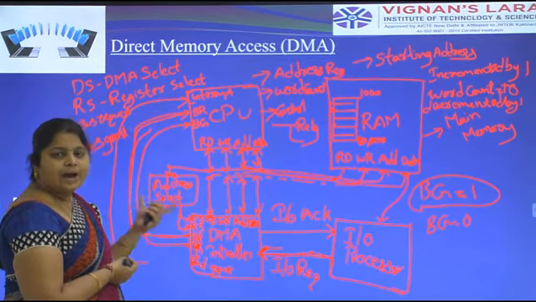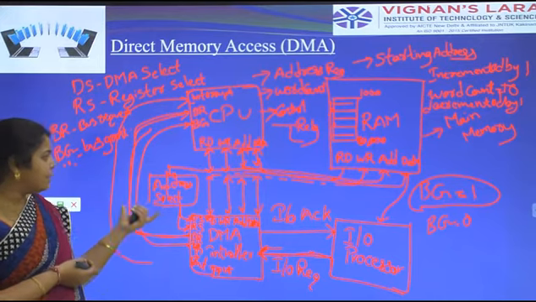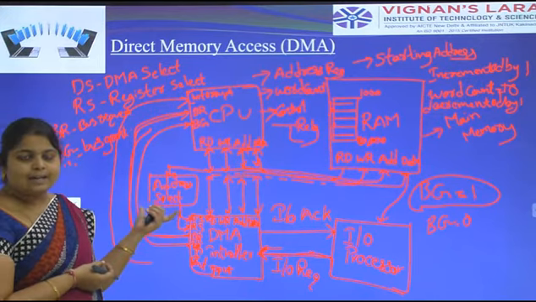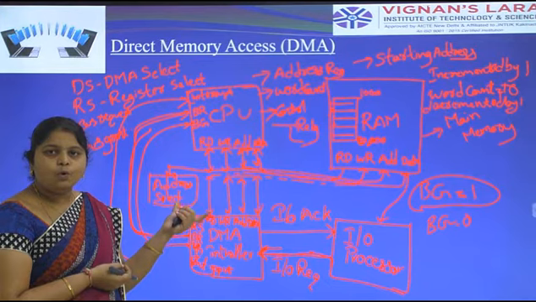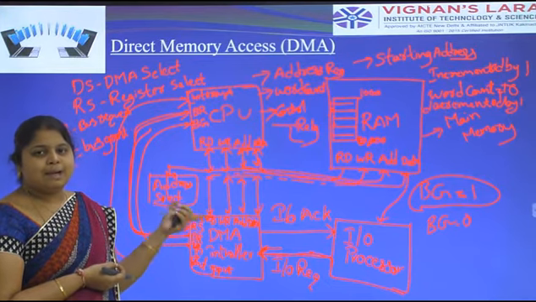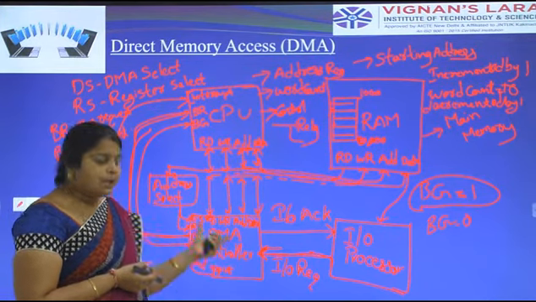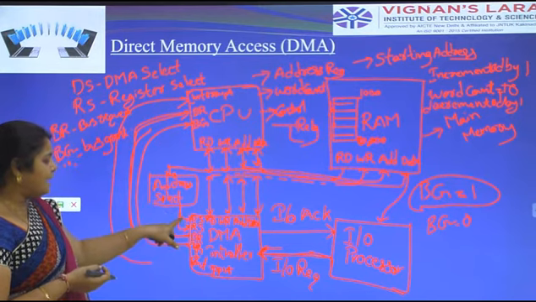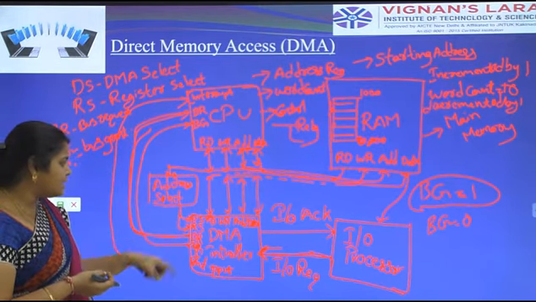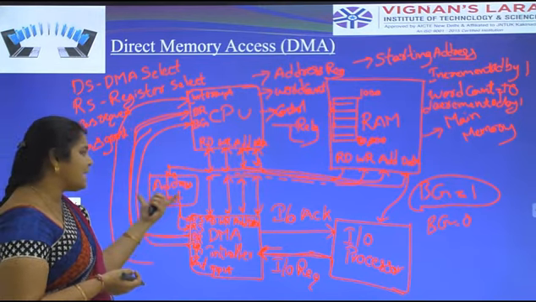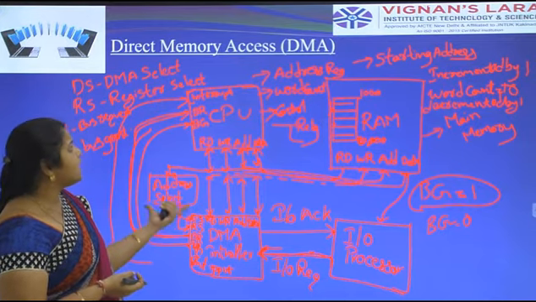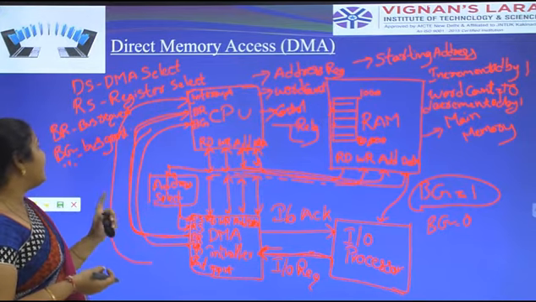Here read, write, address register, address operations and data are connected to these three devices: CPU, RAM, which is nothing but main memory, and the DMA controller. Here address select, DMA select and register select are connected. This is a diagram of direct memory access.